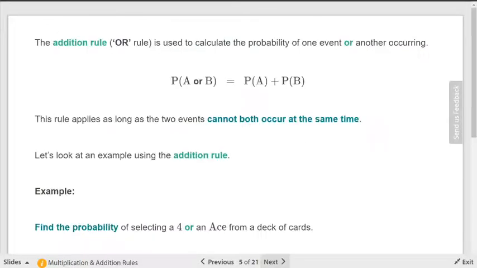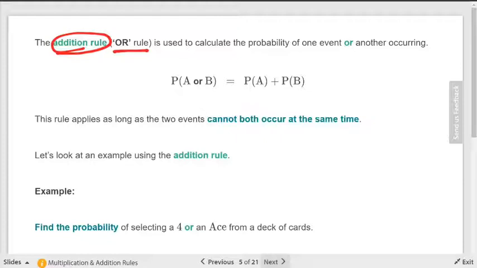Okay. Another rule, the rule for or. Or is a different operation. Or is the addition rule. So instead of multiplying them, if you get or, you're going to take the probability of the first one and then add the probability of the second one.